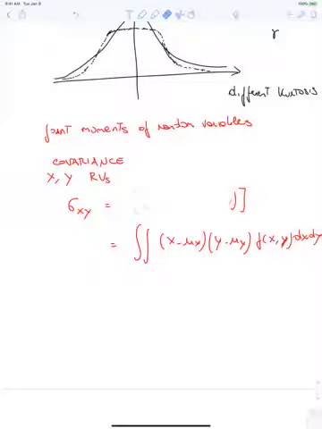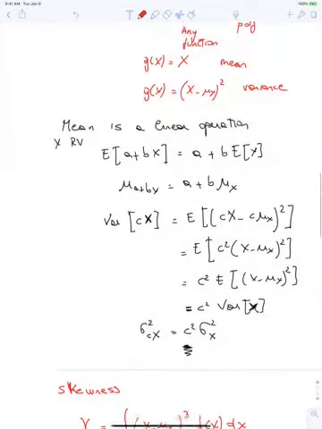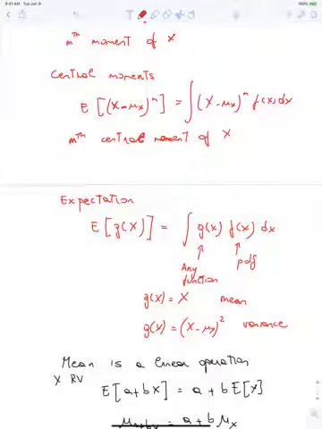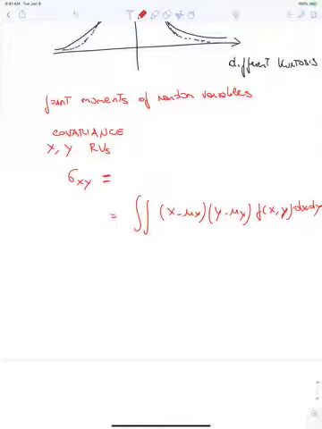So if you want, you can skip this intermediate step because you already know how the expectation operator works. This is just the function that we multiply the PDF before integration. So the covariance is the double integral of the residuals of x times the residuals of y times the joint PDF.